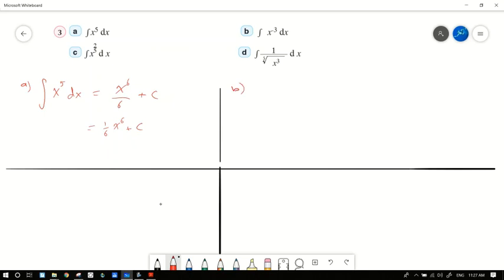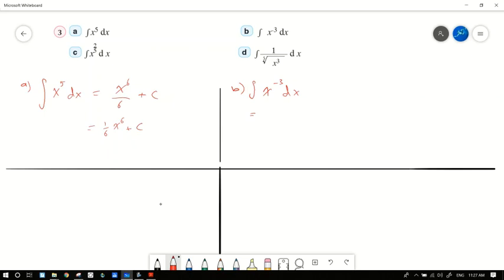B, integration of x power negative 3 dx. This equals to, let's ask the same question. The base here is x, so the derivative of x is 1, and it's not important to multiply by 1.